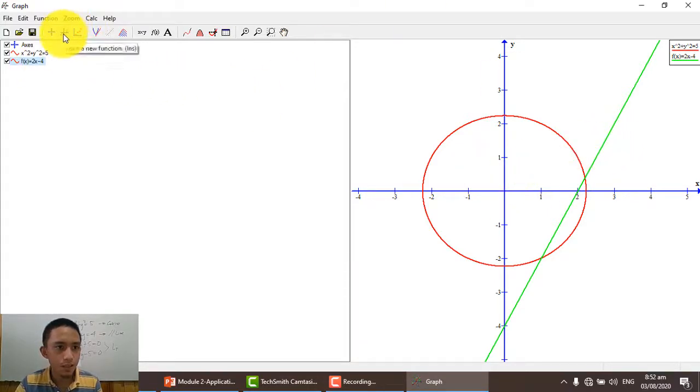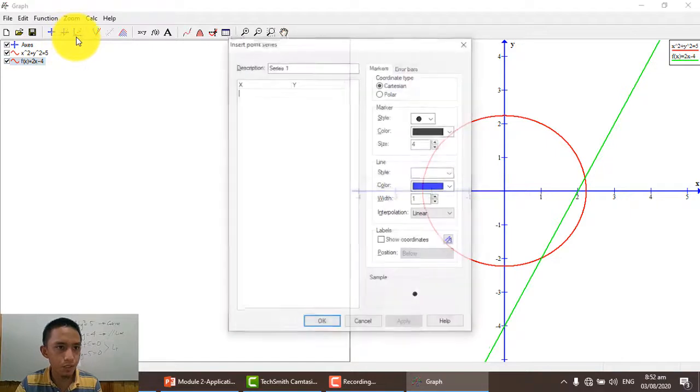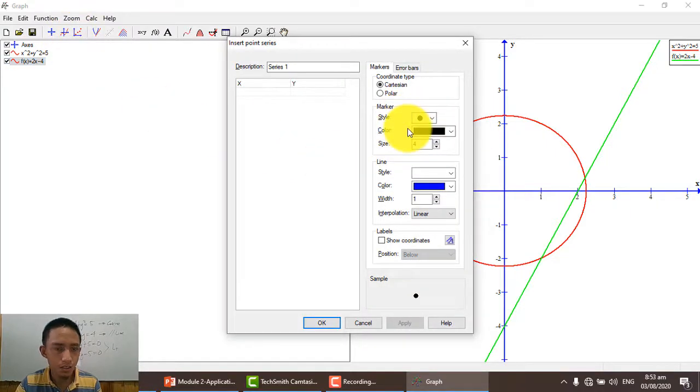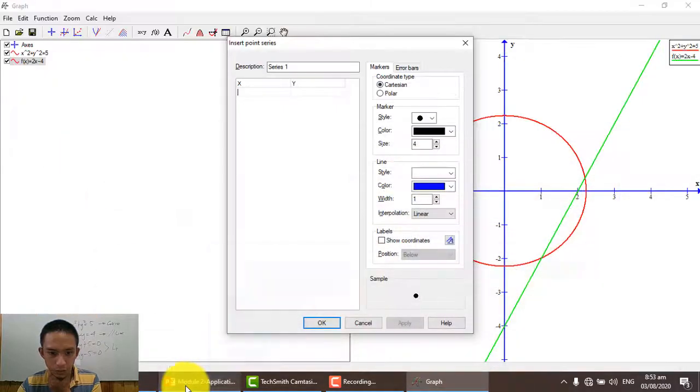And then I will now input the equations of my tangent lines. First, I will input the points of tangency. What is the point of tangency? Let me just check that one. Negative 2, 1, and 2, negative 1.